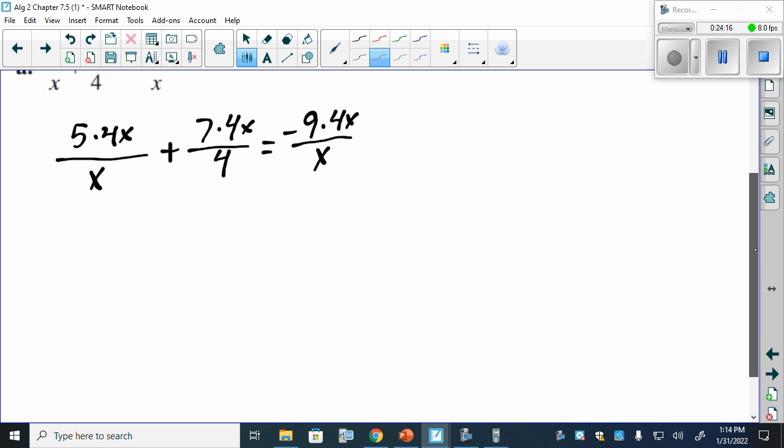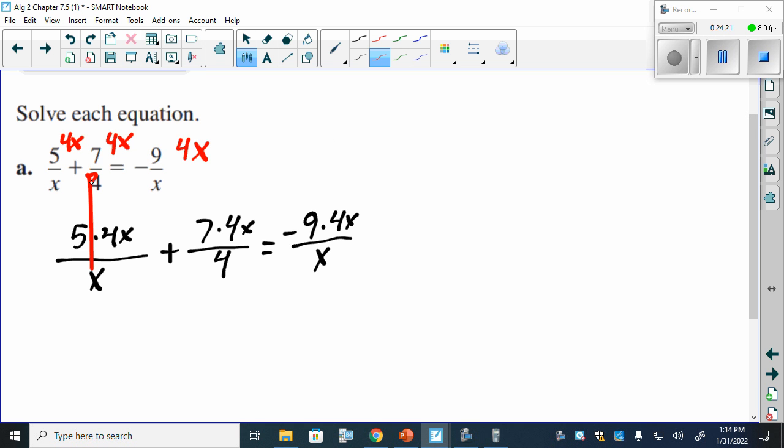Now, when we multiply each one of these terms by 4x, here the x and x would cancel. In the middle one, the 4 and 4 would cancel. And in the last one, the x and x would cancel here.